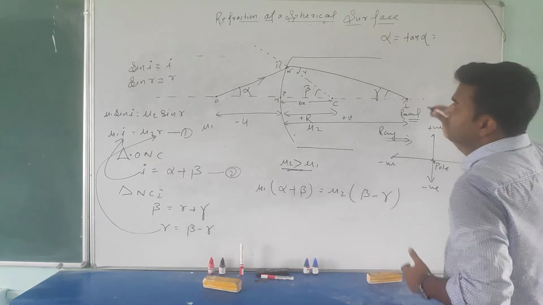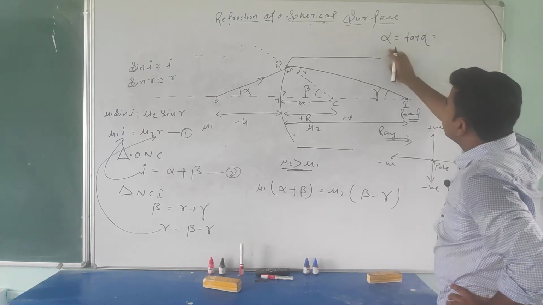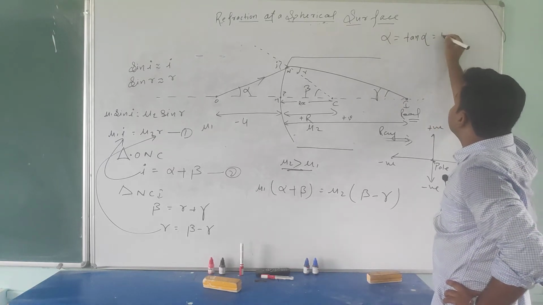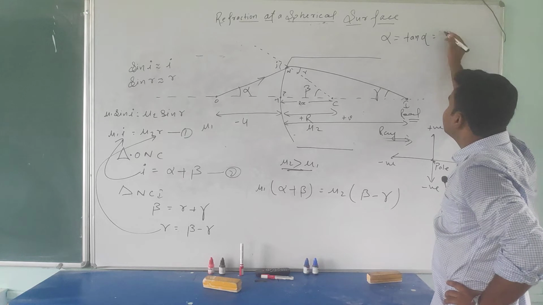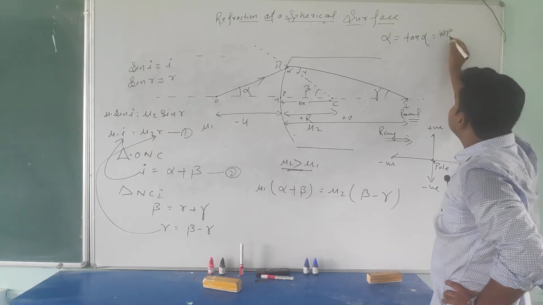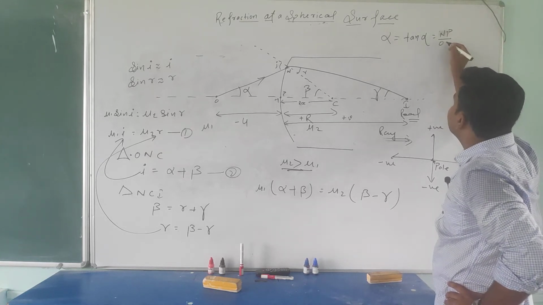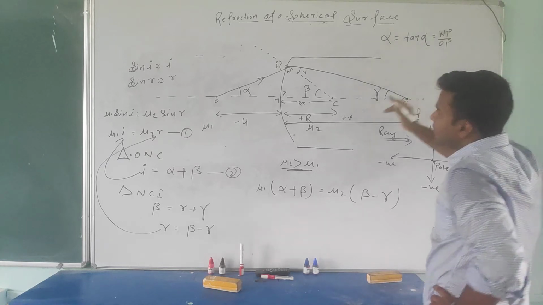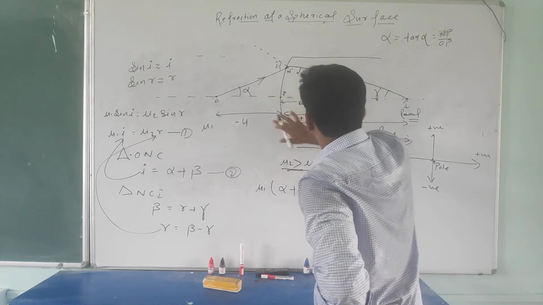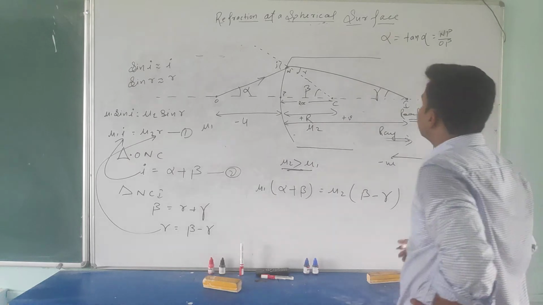So you can assume here tan alpha is equal to NP divided by OP. This point is the pole, so I am writing NP divided by OP.